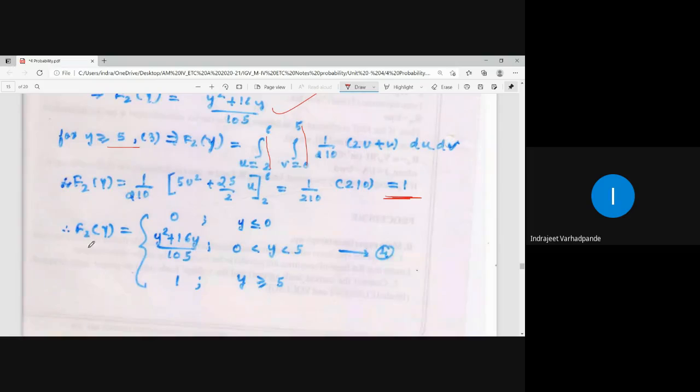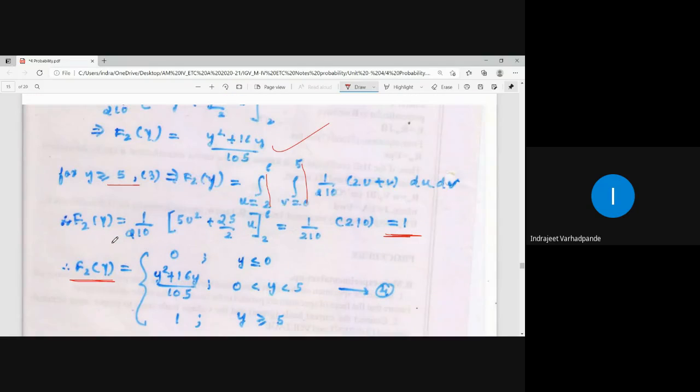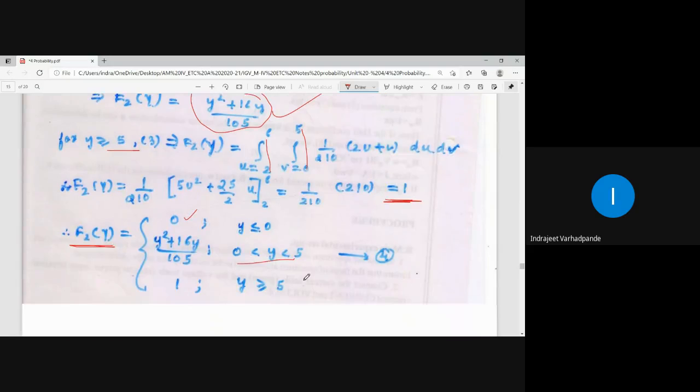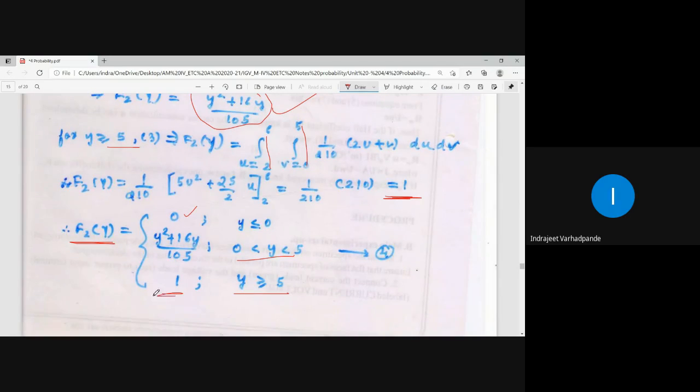So distribution function for random variable y, starting range के लिए 0, middle range के लिए it is obtained in the form of y, and greater than range के लिए answer will always be cumulative addition which is equal to 1.